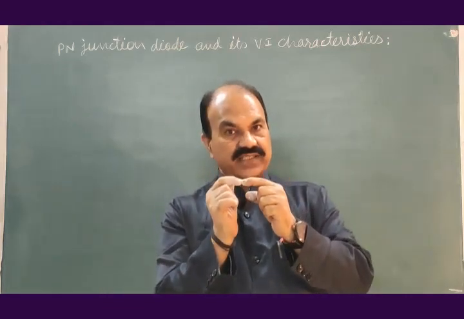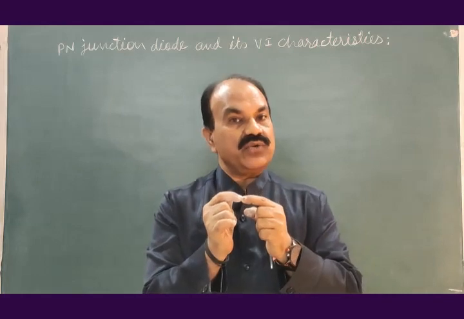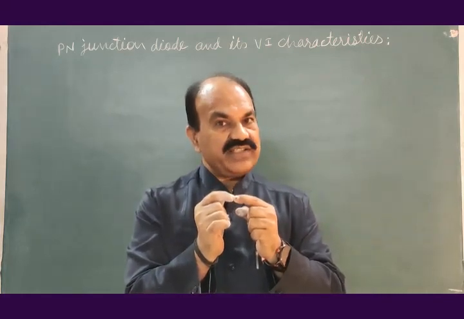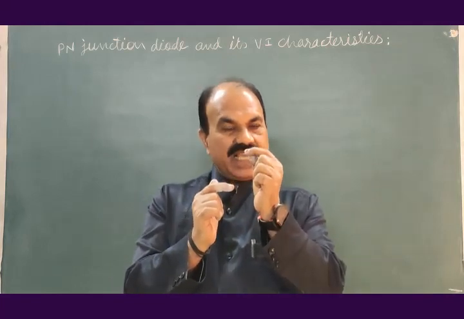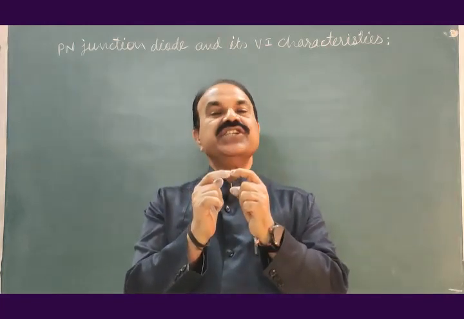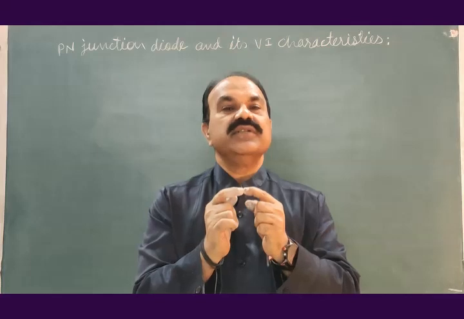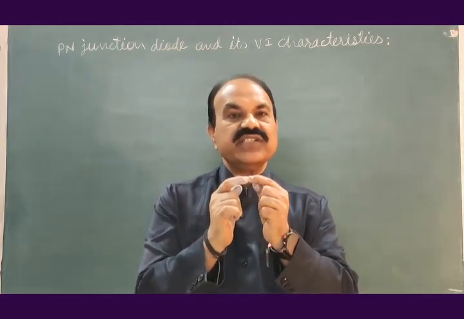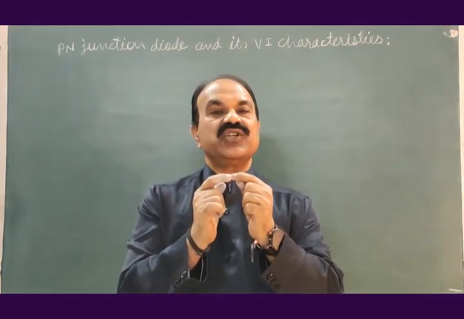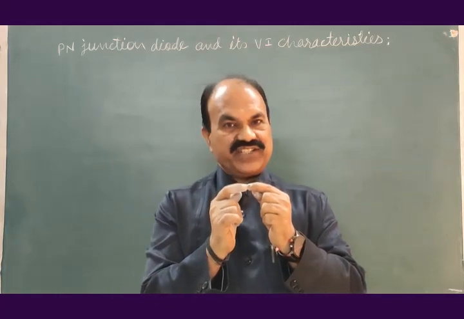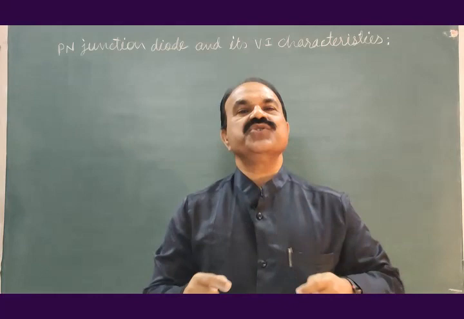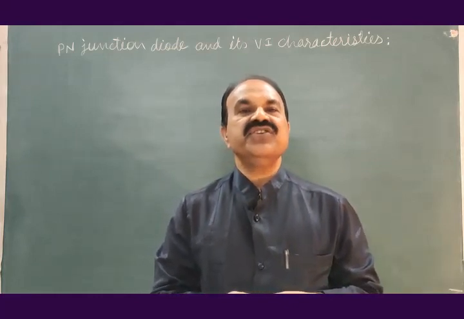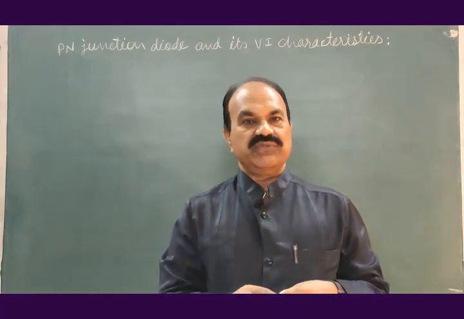P acts as positive electrode because it has positive free charge carriers. N type of semiconductor acts as negative electrode because it has negatively charged electrons as free charge carriers, and therefore this structure is known as p-n junction diode.